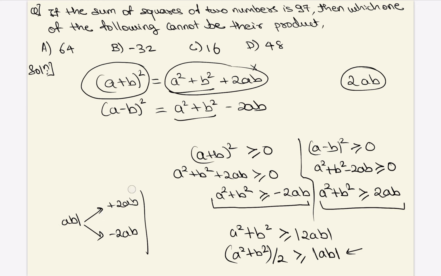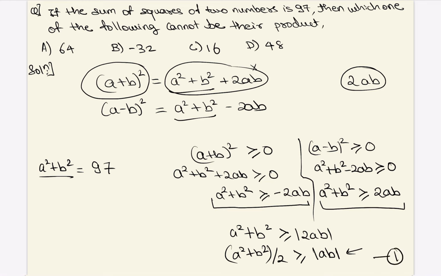If we come back to the question, we have a square plus b square equals 97. If we put this value in equation number 1, then 97 by 2 is exactly 48.5, which is the maximum value mod of ab can take.